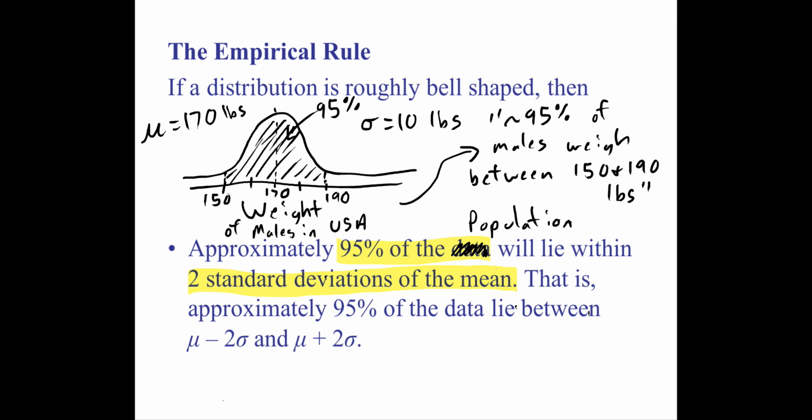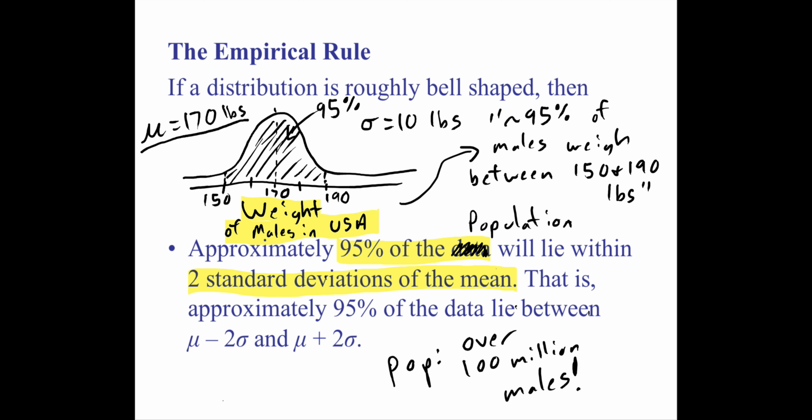And again, this is an approximation because I'm talking about this huge population. I'm talking about the weight of every male in the United States. Our population here is a huge number of people. You're going to have to use your imagination a bit and realize that in actuality, it's not very likely that we would know the population mean and the population standard deviation, because those are numbers that describe this entire group of individuals.